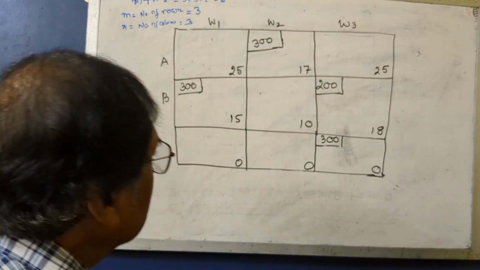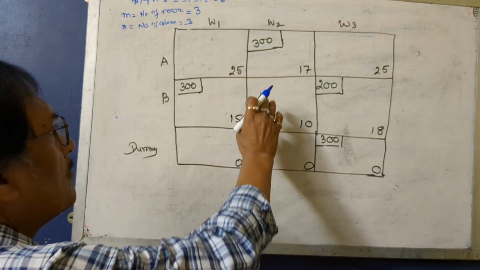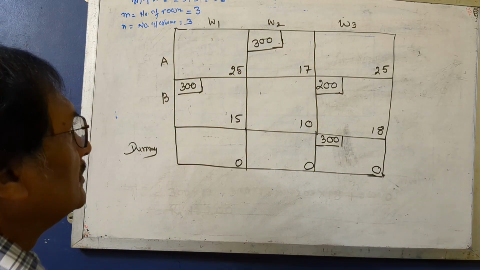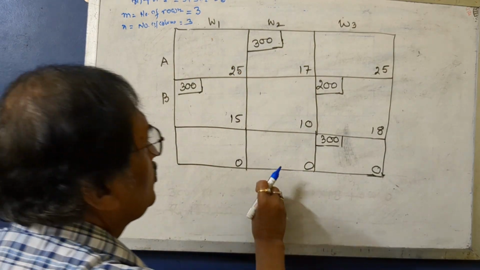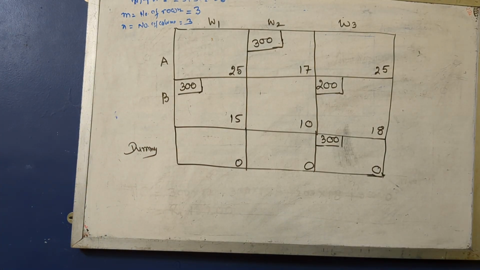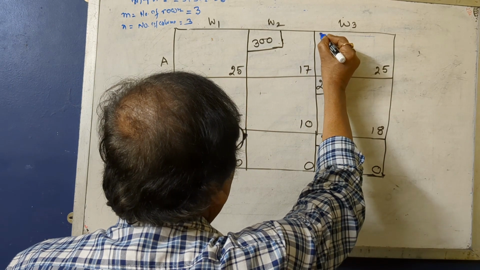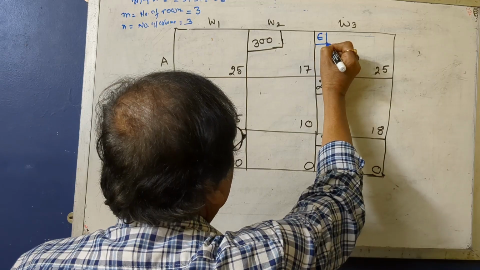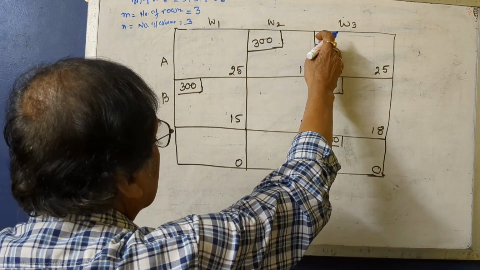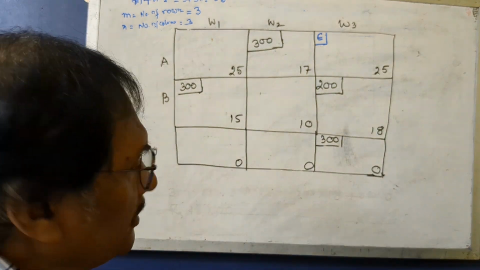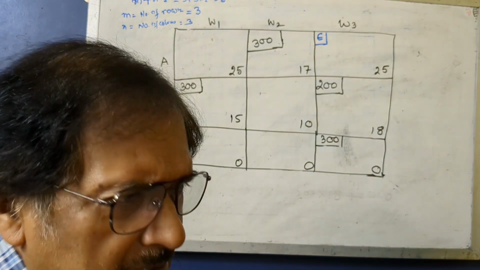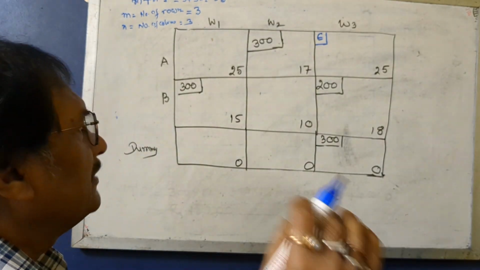Then how will you proceed? To apply MODI, the number of allocations must be at least m plus n minus 1, that is 5. That's why you have to put one allocation artificially here, as we discussed. Suppose I put this artificial allocation here, epsilon. For mathematical purposes, you have to put this allocation. If this quantity is 200 and this is 300, epsilon is a very, very small, insignificant amount.